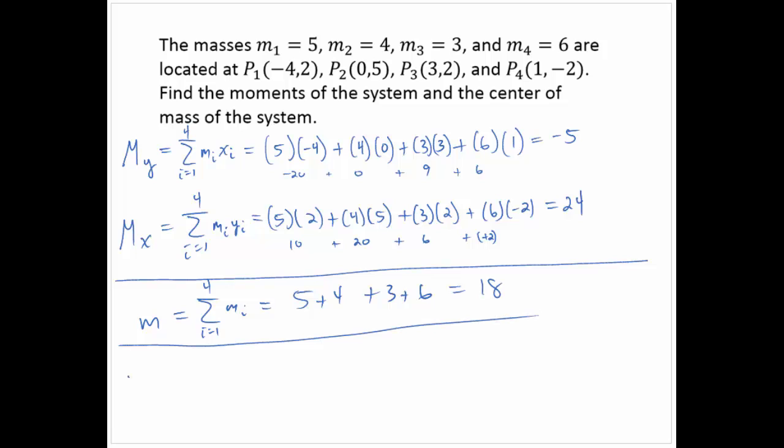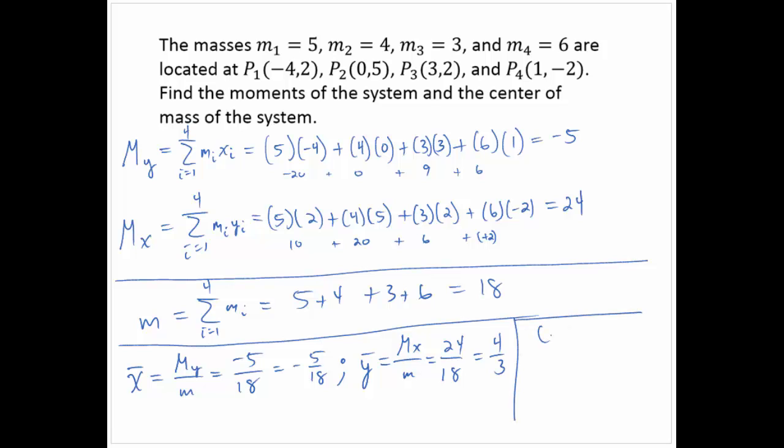So then x bar is m sub y over m, which is -5 over 18, or -5/18. Y bar would be m sub x over m, which is 24 over 18, which reduces to 4/3.